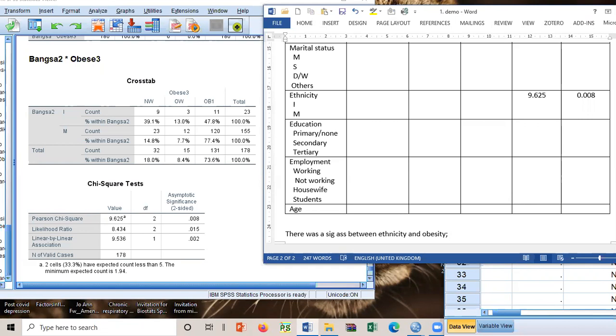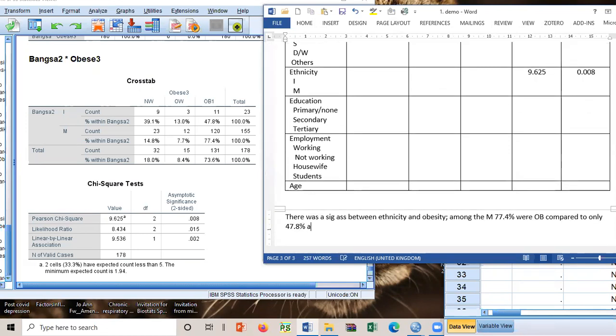How does it work? Among the Malays, 77.4% were obese, compared to only 47.8% among the Indians.